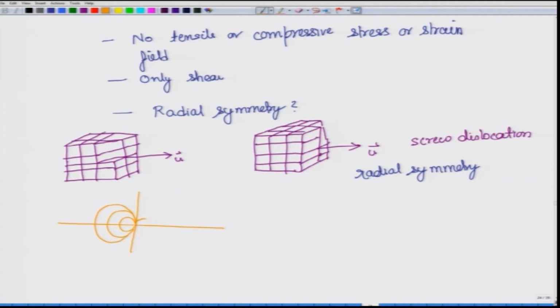So, one side you will have the positive, so let us say this is sigma xz. For sigma yz it will not be very different, it will be just that the orientation would be different, it will now be along the y direction. So, what I am drawing here are contour plots for stresses.